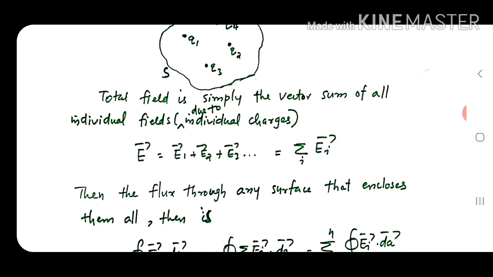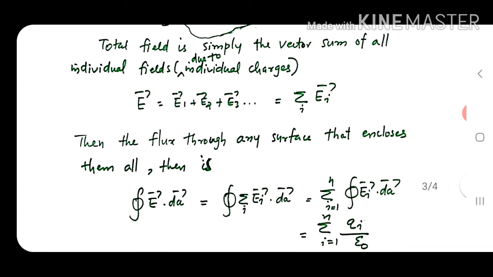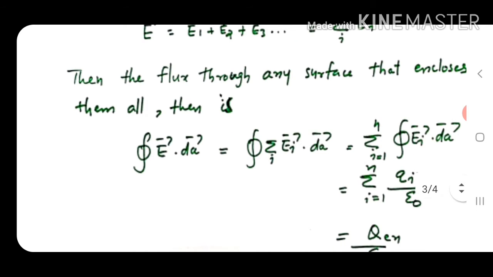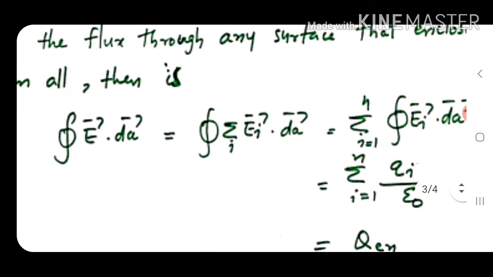So from the superposition principle, vector E is equal to E1 plus E2 plus E3 and so on. If you have a number of charges, that is equal to sigma i Ei. Thus, the flux through any surface that encloses them all is the closed integral of E dot dA, that is equal to the integral of sigma i Ei dot dA.